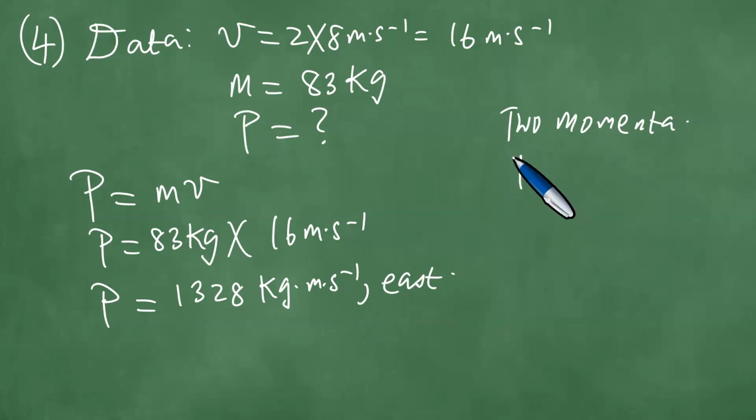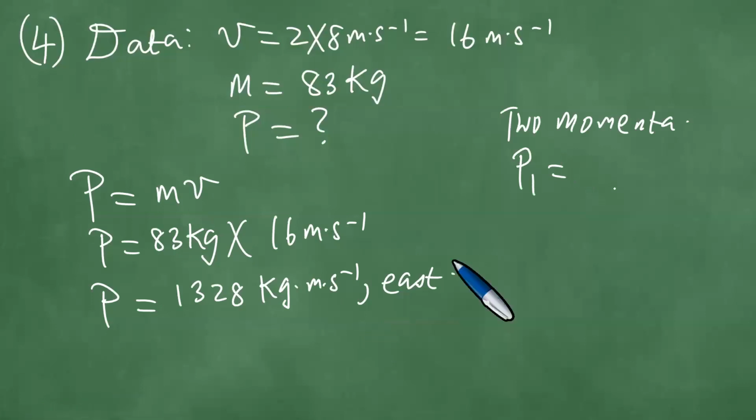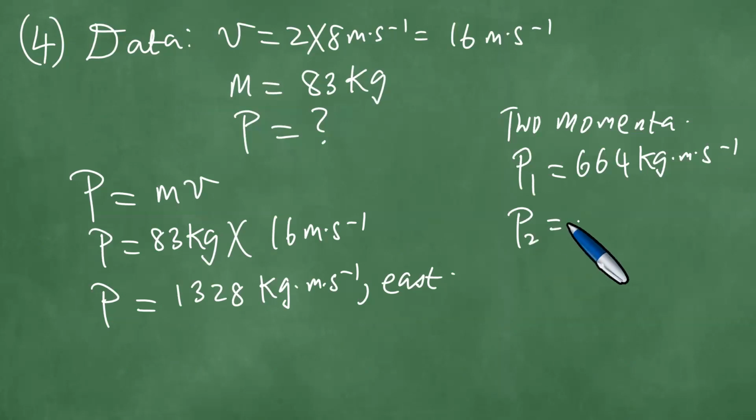The momentum 1 that we got of the cyclist of 83 kilograms is 664 kilograms meters per second. And then there's momentum 2, 1328 kilograms meters per second.